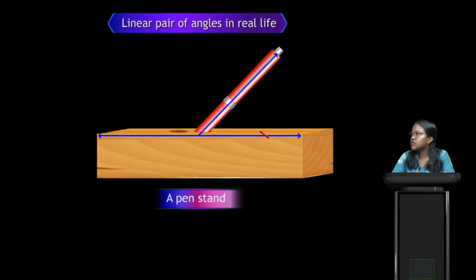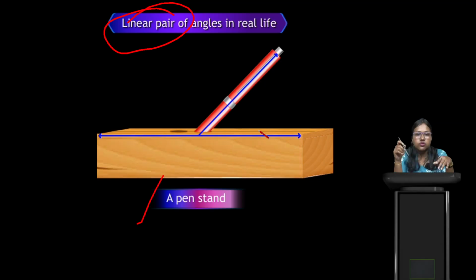Now let's see some examples of linear pairs of angles in real life. Can you see such linear pairs around you? Not only this 1 and 2, you can give so many examples. Here are some examples, like a pen stand.